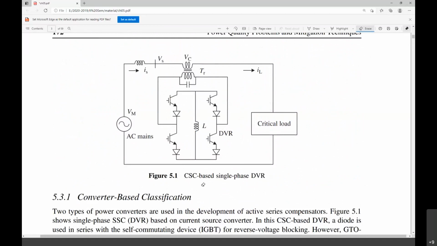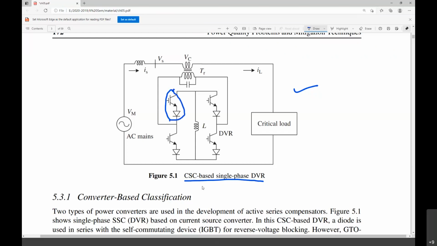This is a CSC-based single phase DVR, a current source converter which has the switch in series with the diode. You know the purpose of this kind of combination of the switch.